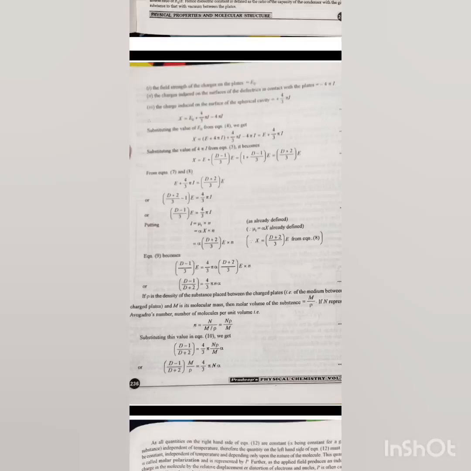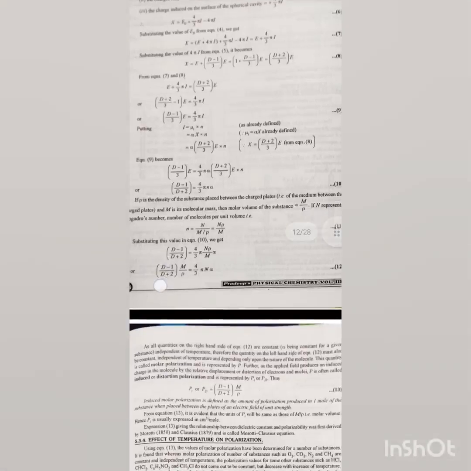Substituting the value of E0 from equation 4, we get ξ is equal to E plus 4πI plus 4/3 πI minus 4πI, which is equal to E plus 4/3 πI. Substituting the value of 4πI from equation 5, it becomes ξ is equal to E plus (D minus 1)/3 into E, which is equal to (1 plus D minus 1)/3 into E, which is equal to (D plus 2)/3 into E.